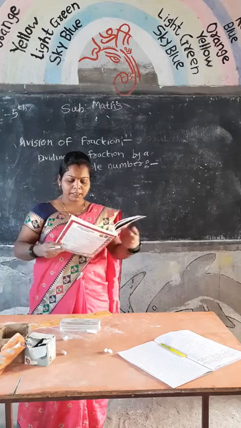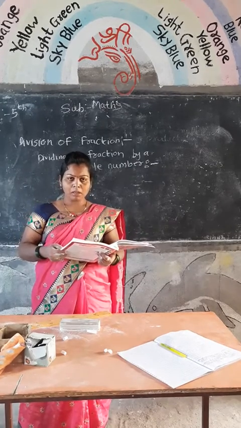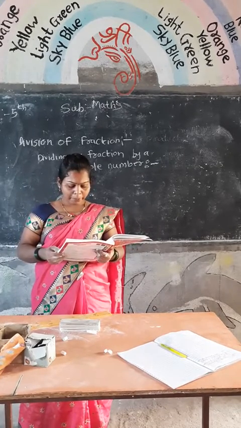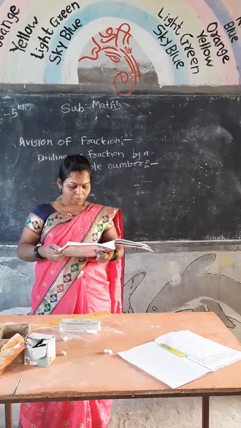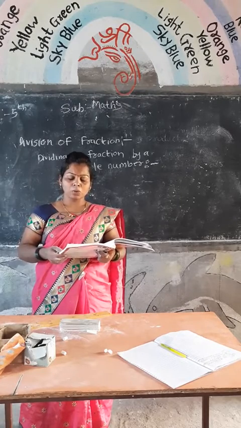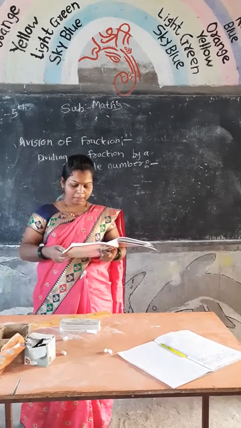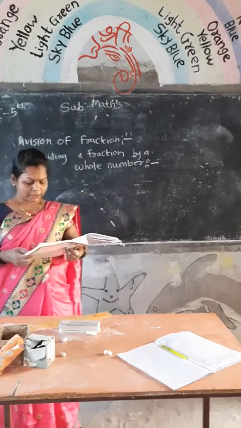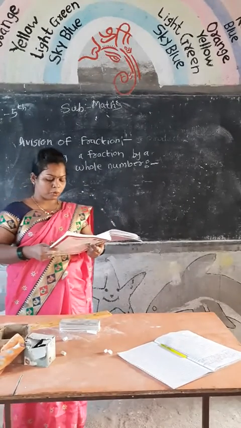When a fraction is divided by a whole number, then multiply the fraction by the reciprocal of the whole number.